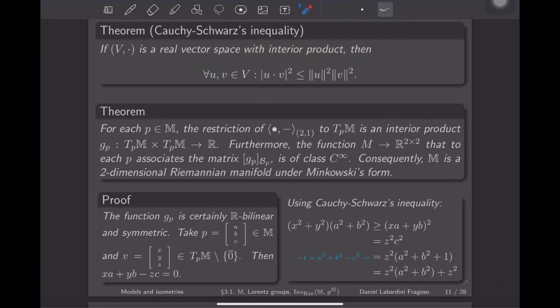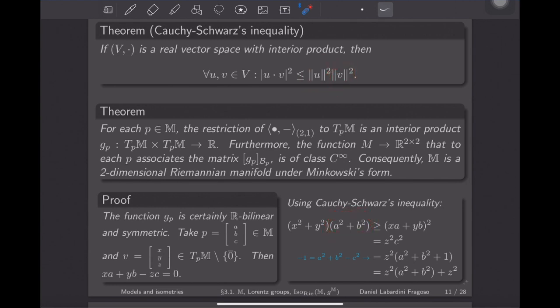I don't know yet that this one is an inner product. So I'm going to use the Cauchy-Schwarz inequality for something that I already know is an inner product, and that is simply the usual inner product in R2. You see the norms squared precisely look like this: x squared plus y squared for this, and then a squared plus b squared for the other one.